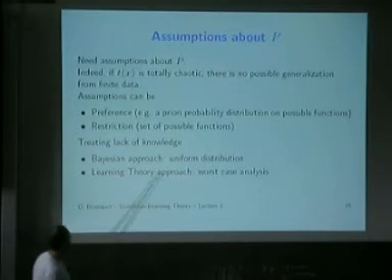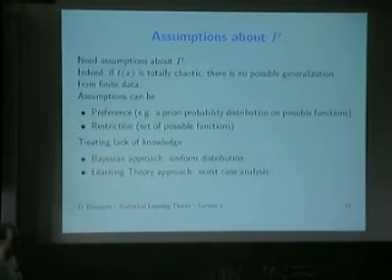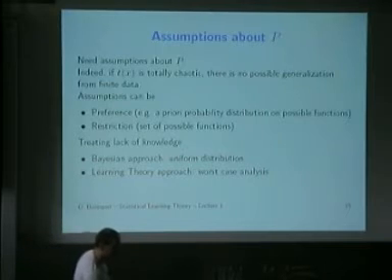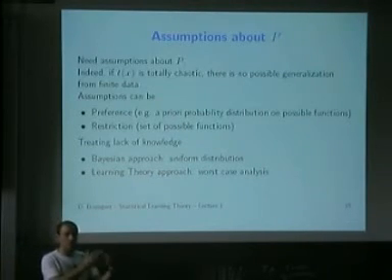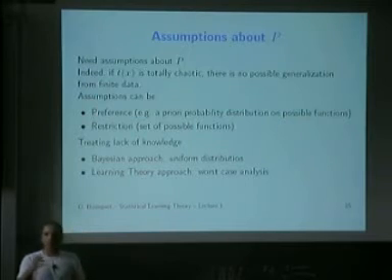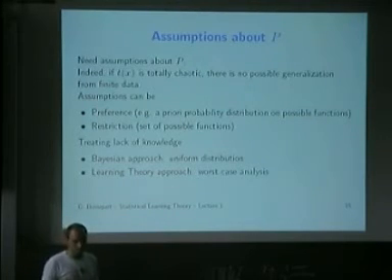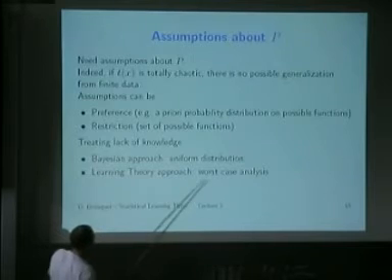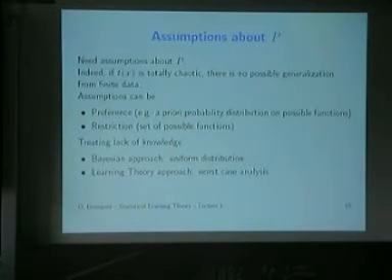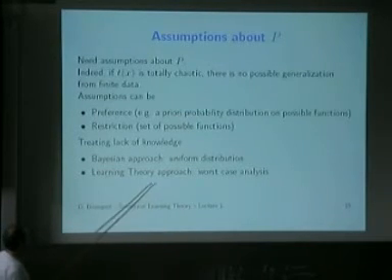And now there are two kinds of approaches for treating the lack of knowledge that we have, because even if we know that T belongs to a certain class, we don't know exactly what function T is. And there are two ways of replacing this lack of knowledge by some stronger assumption.